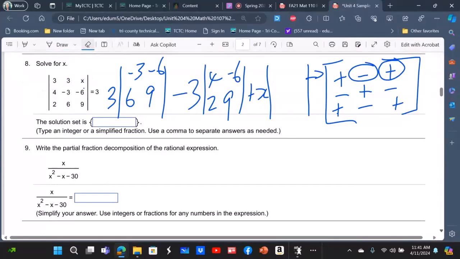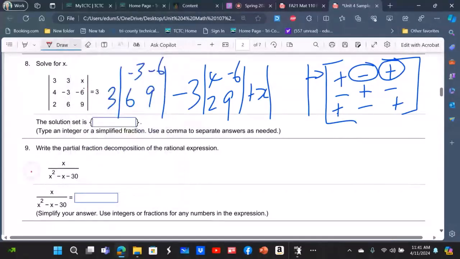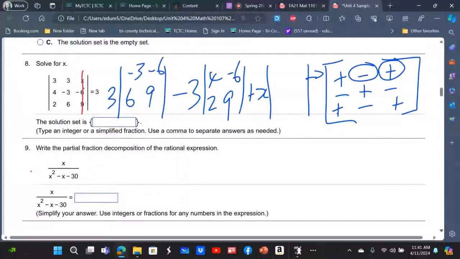So I go to my 3 by 3 matrix and draw a vertical line at x, draw a horizontal line at x, and collect the remaining 2 by 2 matrix. So I have 4, negative 3, 2, 6.